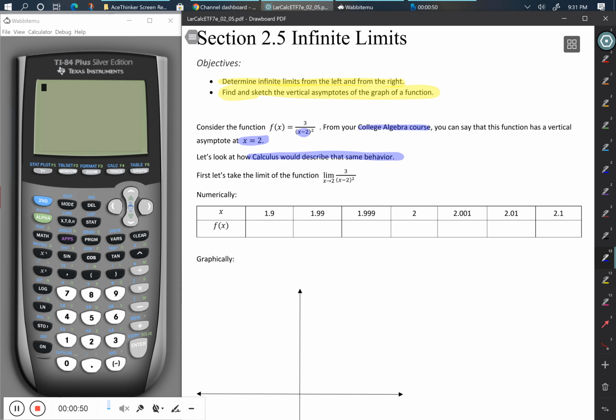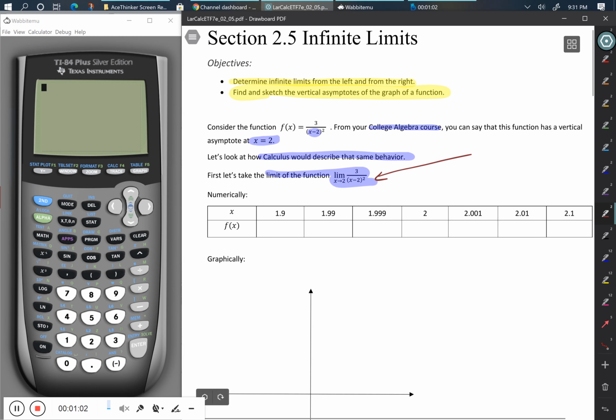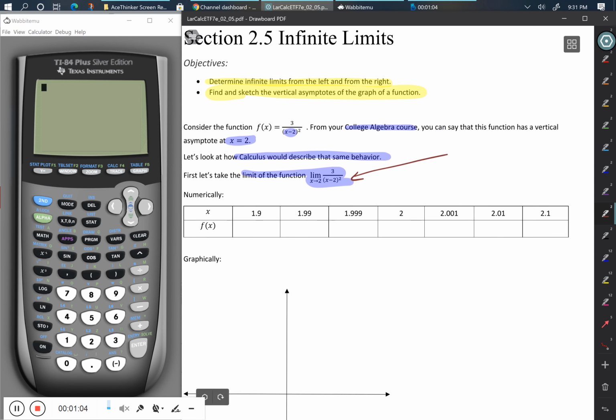So what we're going to do is take a look at the limit of the function 3 divided by (x minus 2) squared as x approaches 2. Now, remember from section 2.4 that the limit of a function is really found by taking the limit of f of x as x approaches 2 from the left, and then also finding the limit of f of x as x approaches 2 from the right.